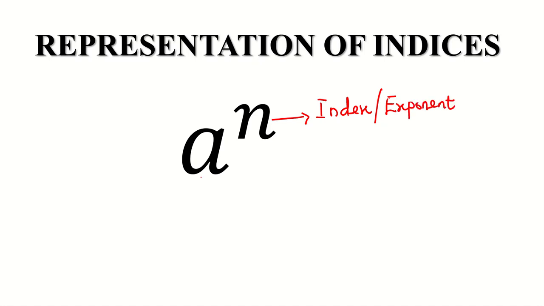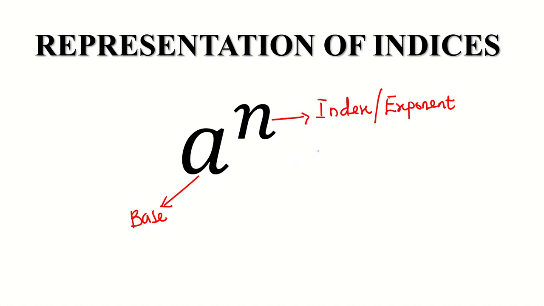The one at the bottom is what we call the base. So this is how we can represent indices. Wherever we see something like this, whatever is at the top is the index or exponent, and at the bottom is the base. Practically, the index is communicating to us the number of times the base is repeating itself.